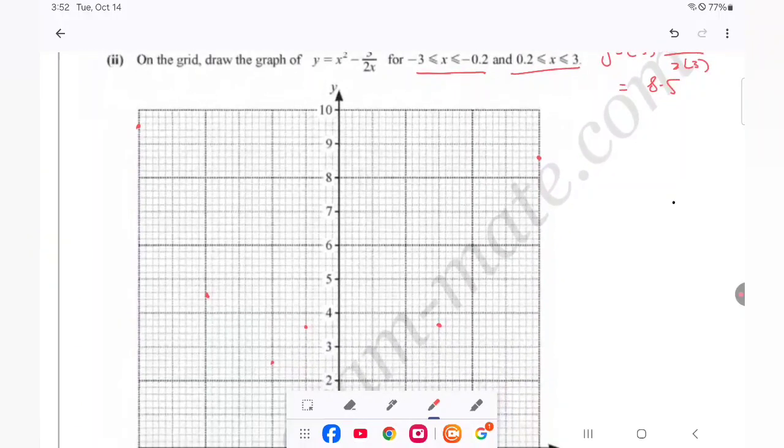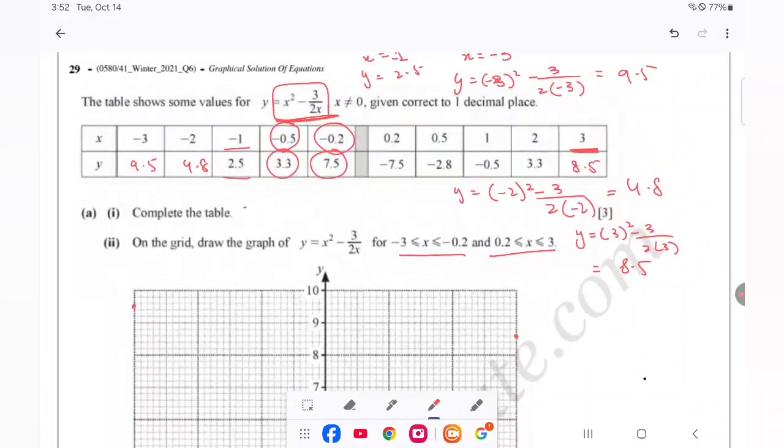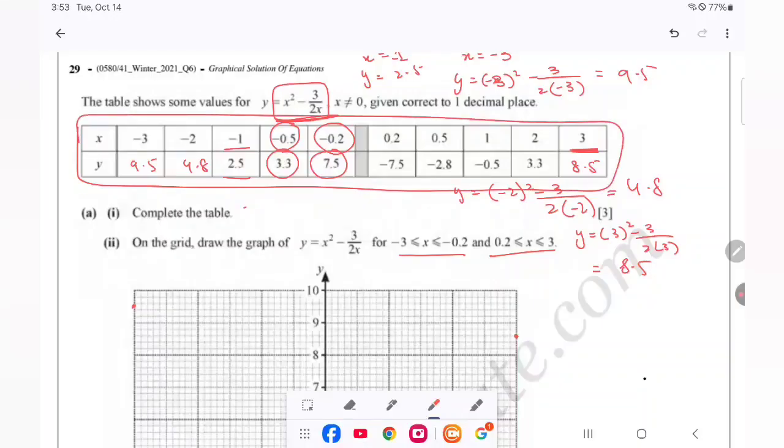For that graph, two curves will be formed. From the given values of x and y, we are going to put these points in our graph.